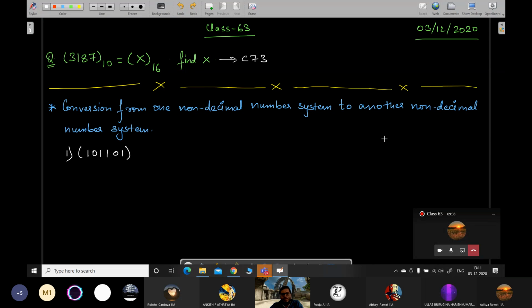How to convert from binary number system to the powers expanded form. Yes. Okay, so let's say this is a binary number system and you have to convert it into octal number system. How will you do? What will be the answer?